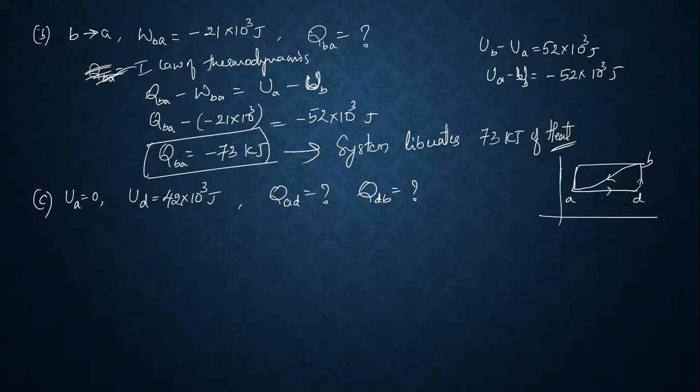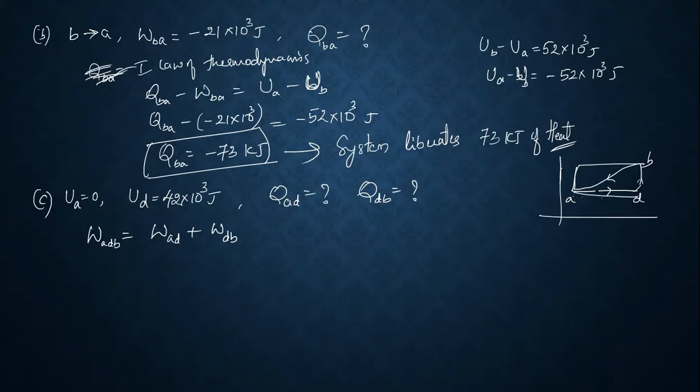For ADB, that is W_ADB, the net work transfer of this ADB can be written as W_AD plus W_DB.